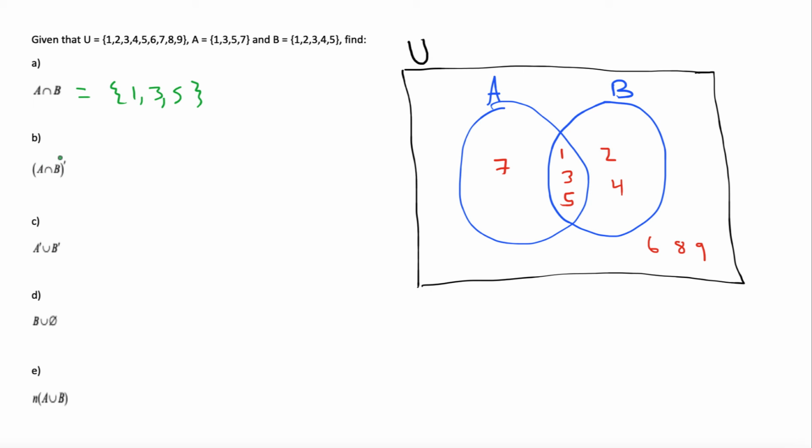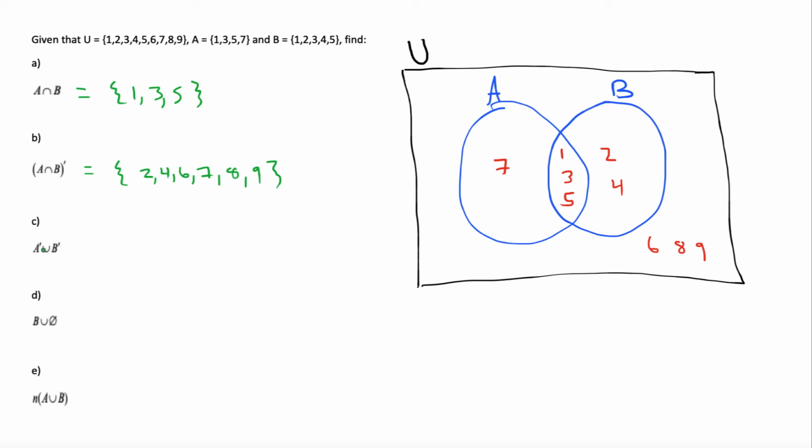We want to take everything else. So we put the 2, the 4, the 6, the 7, the 8, and the 9. Pretty much all the elements in the universe except 1, 3, and 5.